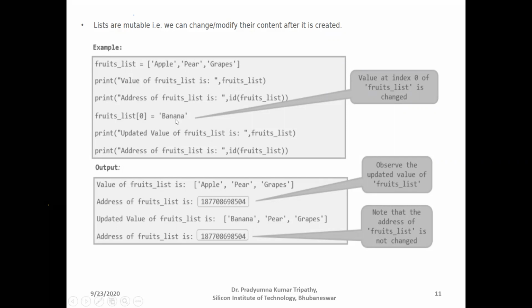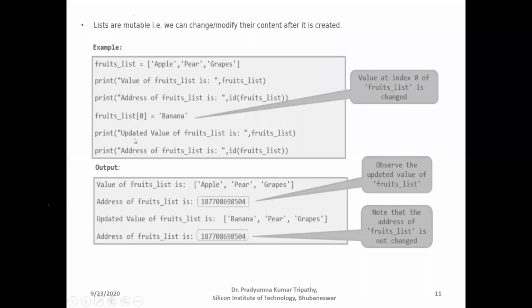We are actually changing the value of apple to banana. Is it understood? So directly we can write list of 0 equals banana. If I write list of 2 equals banana, then grapes would have been changed to banana.